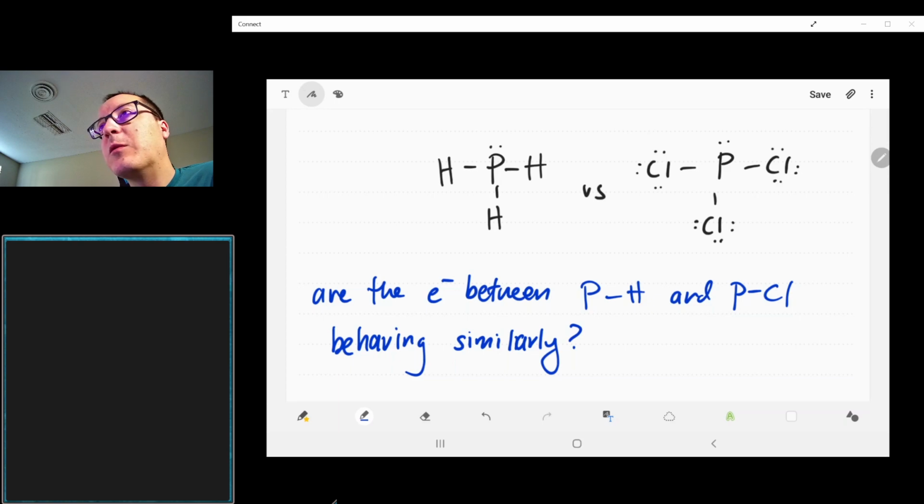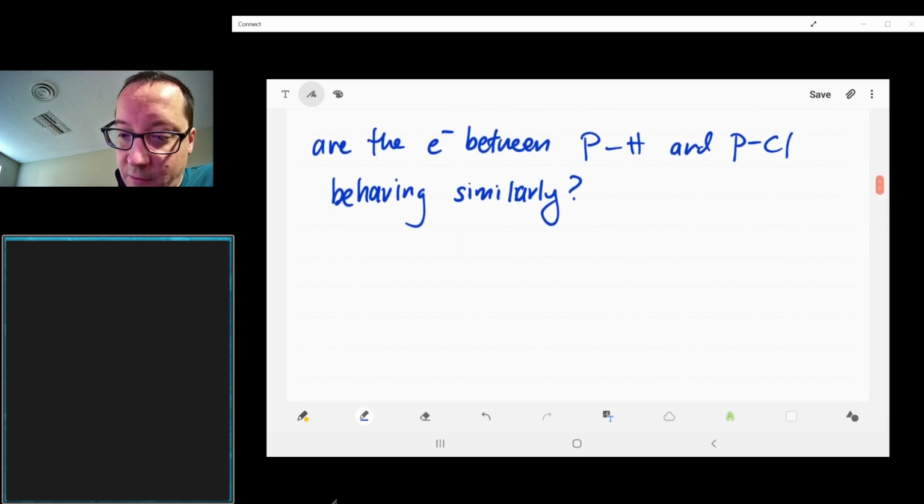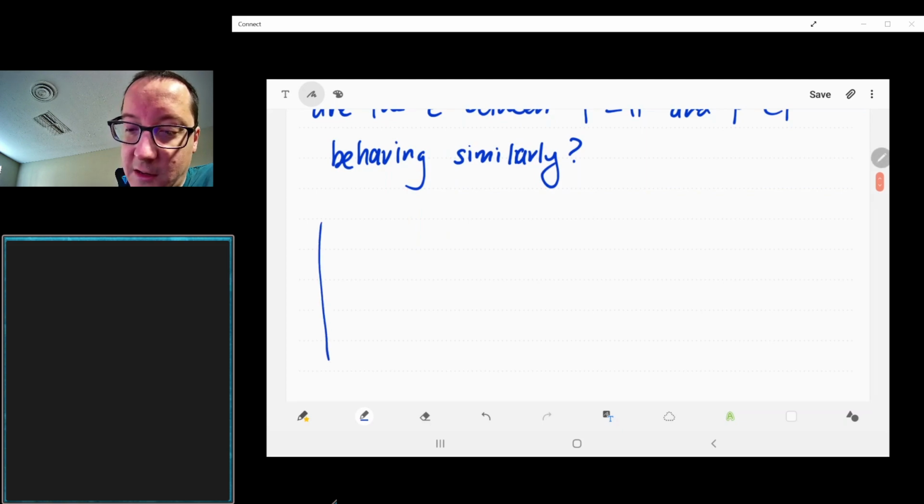And so we're going to have to look at a property called electronegativity in order to answer this. So if we go ahead and take a look at our periodic table, we'll do it in blue.